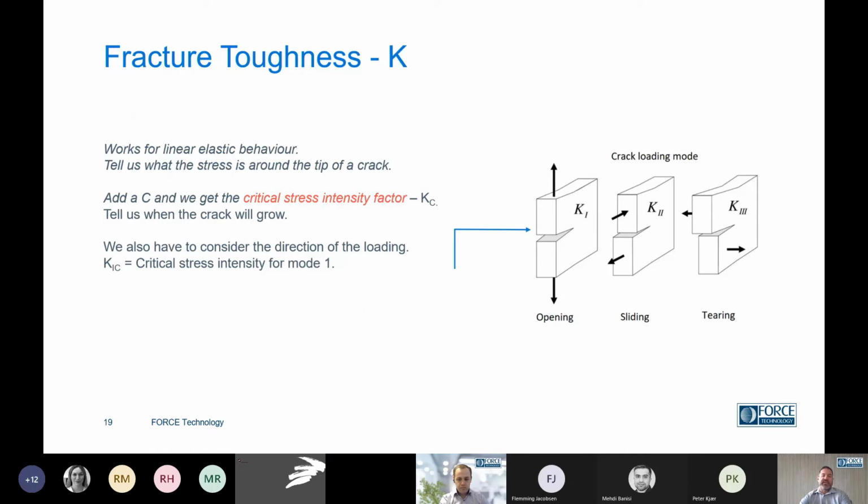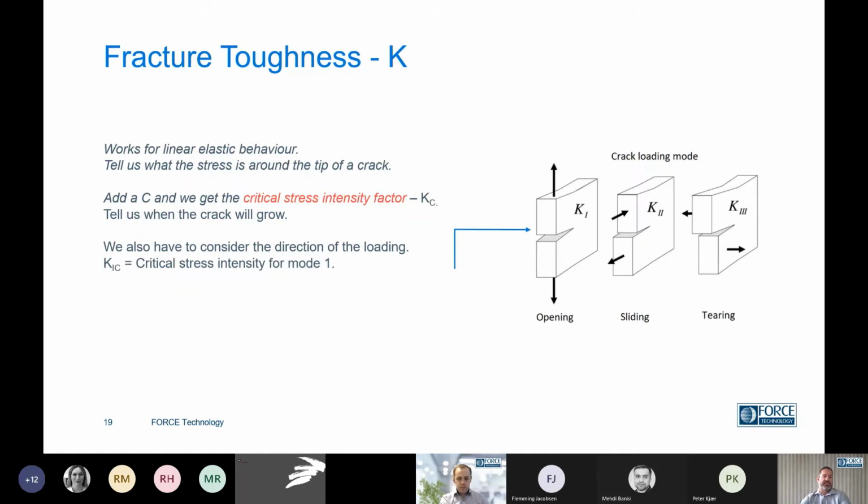So K is our first way to describe fracture toughness. It's our first fracture toughness parameter. And in this case, it's linear elastic. What does that mean? It means everything happens in a straight line, and there's no plasticity really.